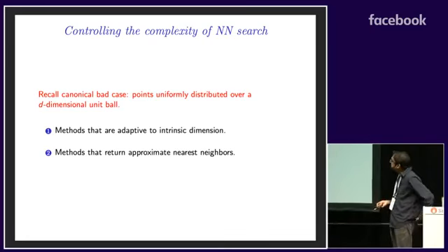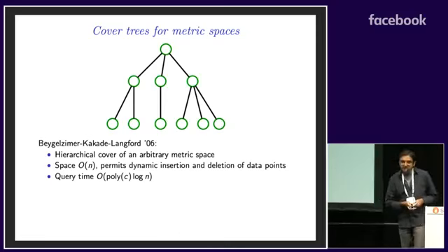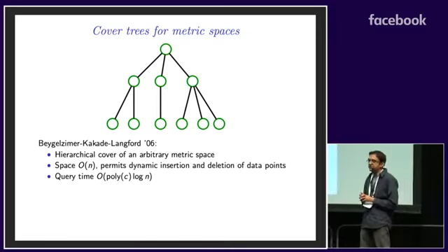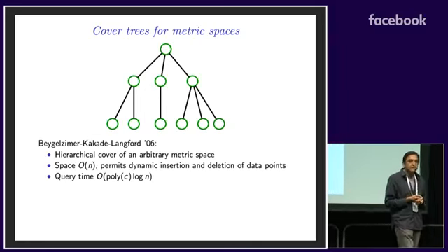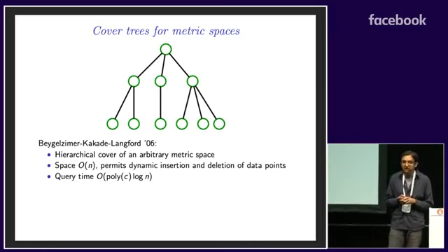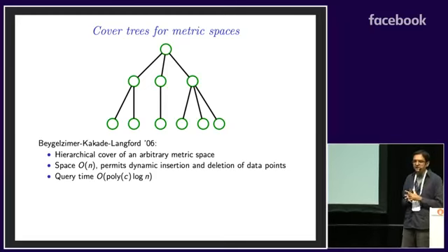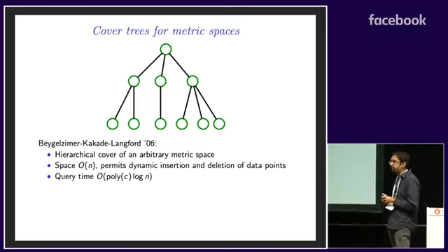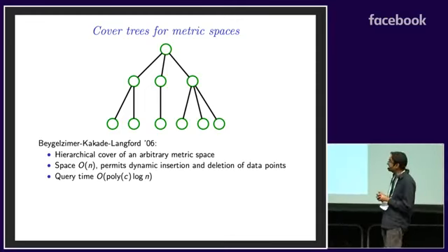Okay? So in terms of methods that adapt to the intrinsic dimension, in the 90s, there was a lot of work on this by Ken Clarkson. And this was picked up by various people in the CS theory community, like Robbie Krauthgamer and James Lee.